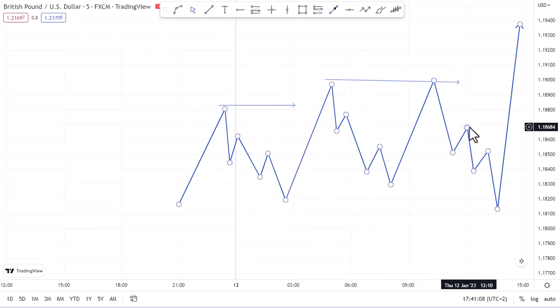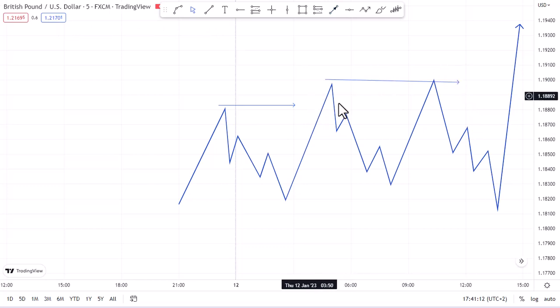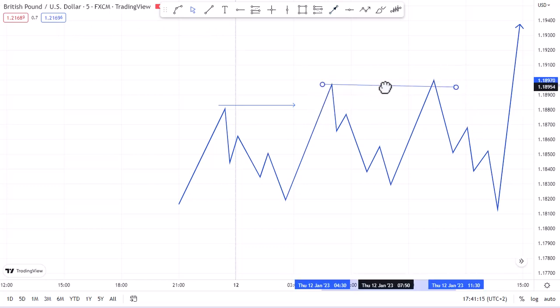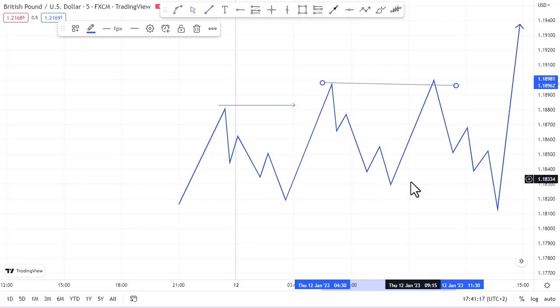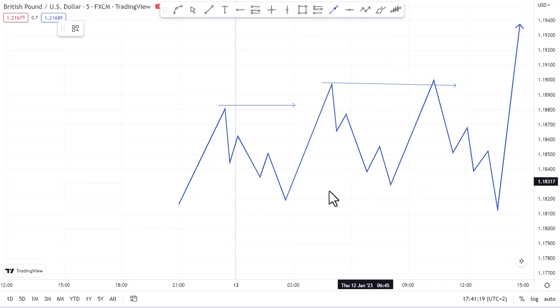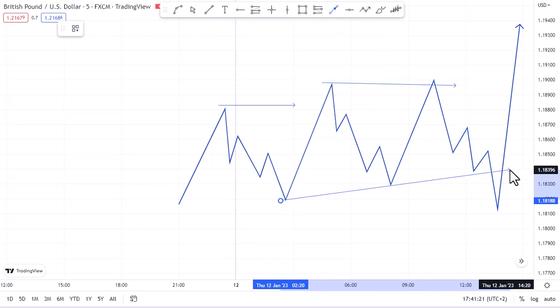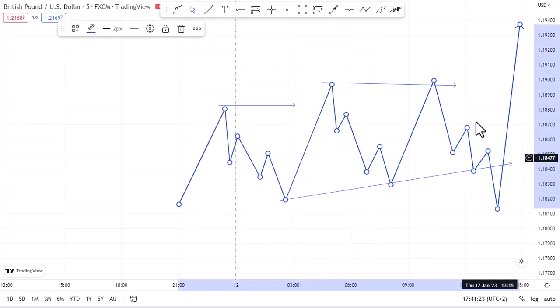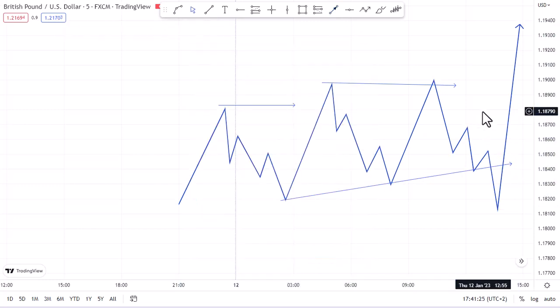And if you are an avid ICT follower or trader, you know that these we call liquidity traps. Why? Because they are double tops, double bottoms, liquidity traps. And we have what you call the trend line phantoms, which you can see in this schematic. So what we are doing here is very simple.